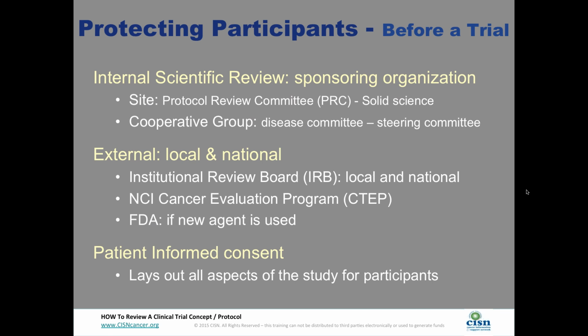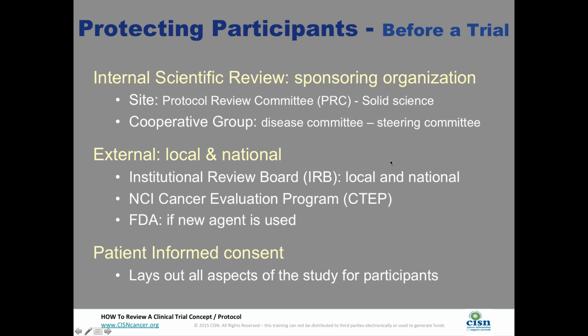There's a lot of protections in place before a trial. There's the internal scientific review for your network, and that makes sure that it's solid science, that you're not moving forward with a concept that isn't based on solid science. The disease committee would answer that. The steering committee should answer that.